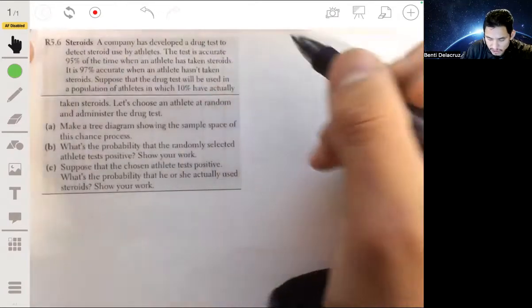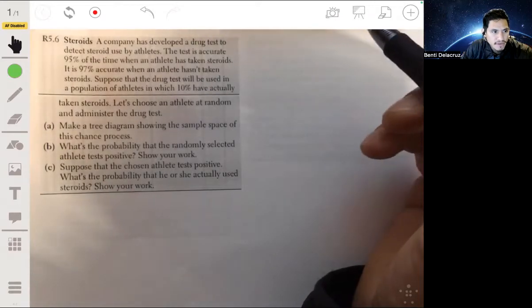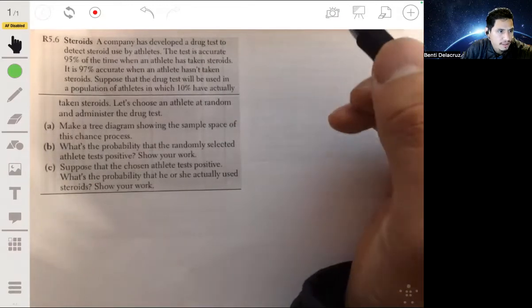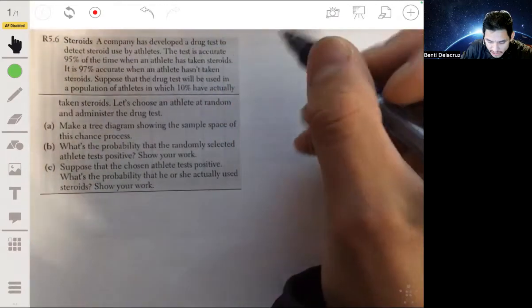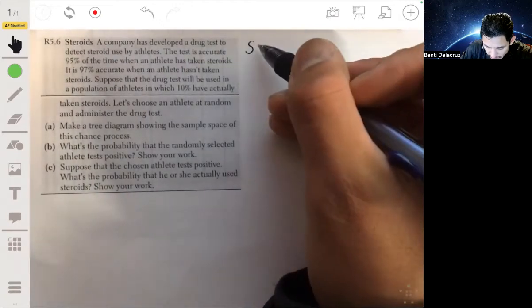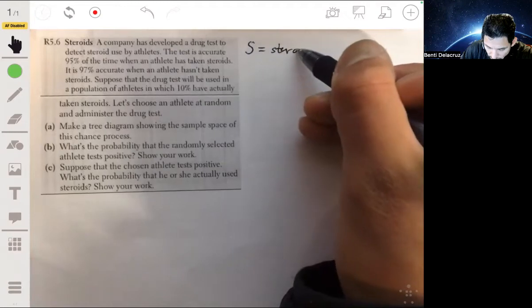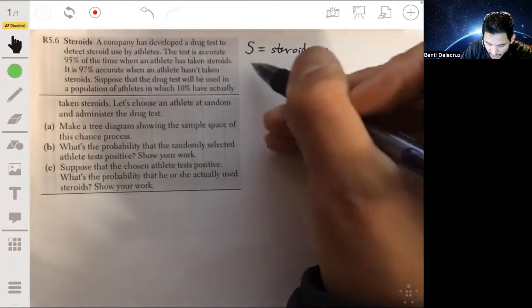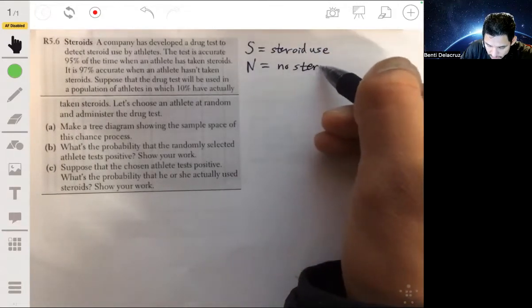What I like to always do is abbreviate the events with a symbol, like one letter, just to make it easier to read. What could happen is that an athlete takes steroids. So let's have S be steroid use, and let's have N be that they didn't take steroids.